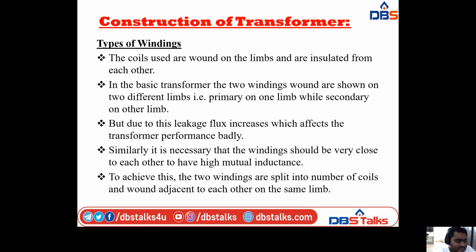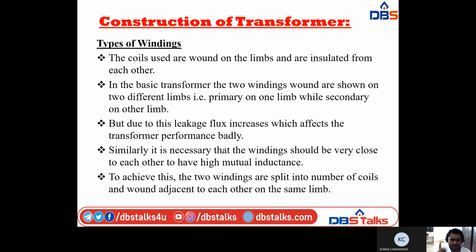And next, coming to the types of winding. The coils used are wound on the limbs and are insulated from each other. In the basic transformer, the two windings are shown wound on two different limbs.